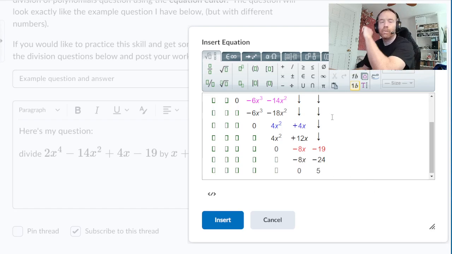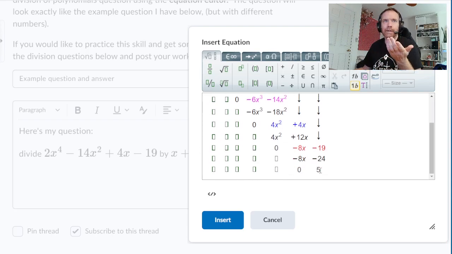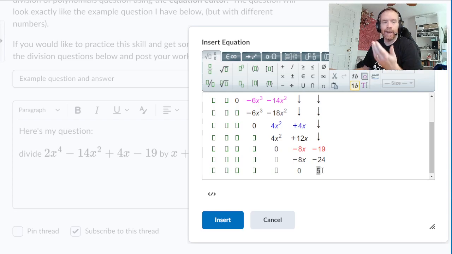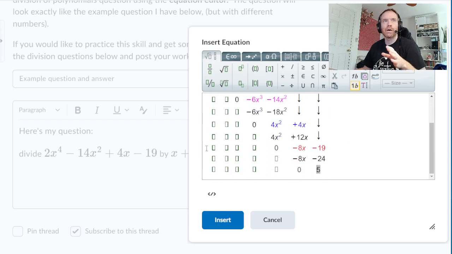Okay? Now, as they explained in the lesson, when you get to a number at the end that is a lower degree than the number you're dividing by. So you see how I'm dividing by degree 1, but my number at the end is degree 0. There is no x left on it. That is my symbol that my process is complete. And you can see that mine took exactly 10 rows.